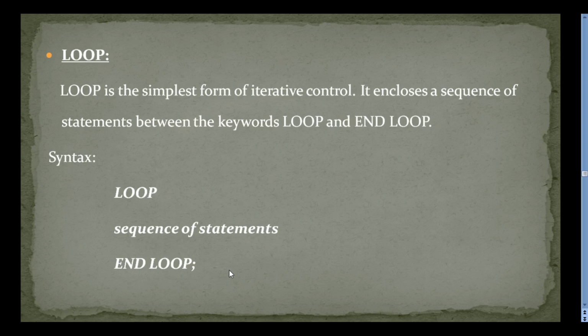Coming to the loop. Loop is the simplest form of the iterative control. It encloses a set of statements between the keywords LOOP and END LOOP. Whatever statements you enclose between LOOP and END LOOP are executed repeatedly. Just see the syntax: LOOP, a sequence of statements, and END LOOP; there must be a space between END and LOOP.